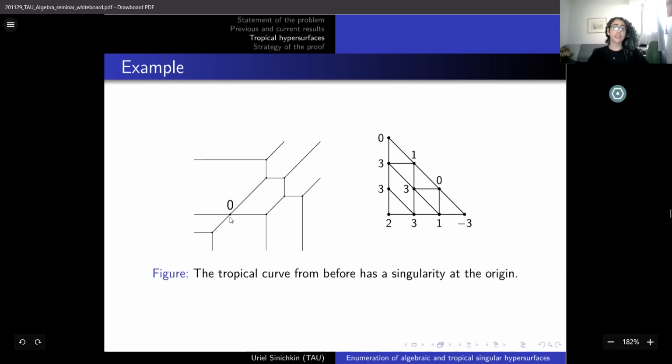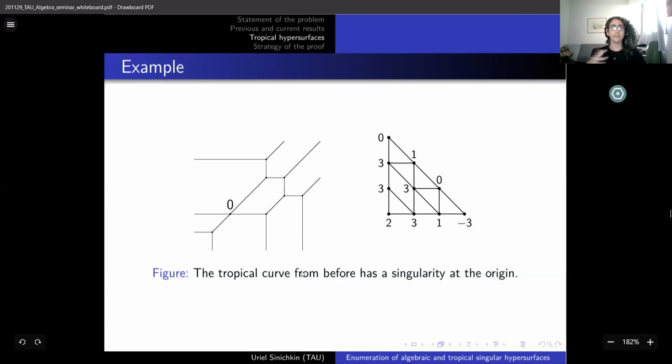Also note that this origin is a 4-valent vertex, and this is not a coincidence. A 4-valent vertex in a tropical curve will always be singular, and also a 5-valent one, etc. Every valency higher than 3. And 3 is the typical case. There are no 2-valent vertices at all, and 1-valent vertices are only at infinity in a sense.